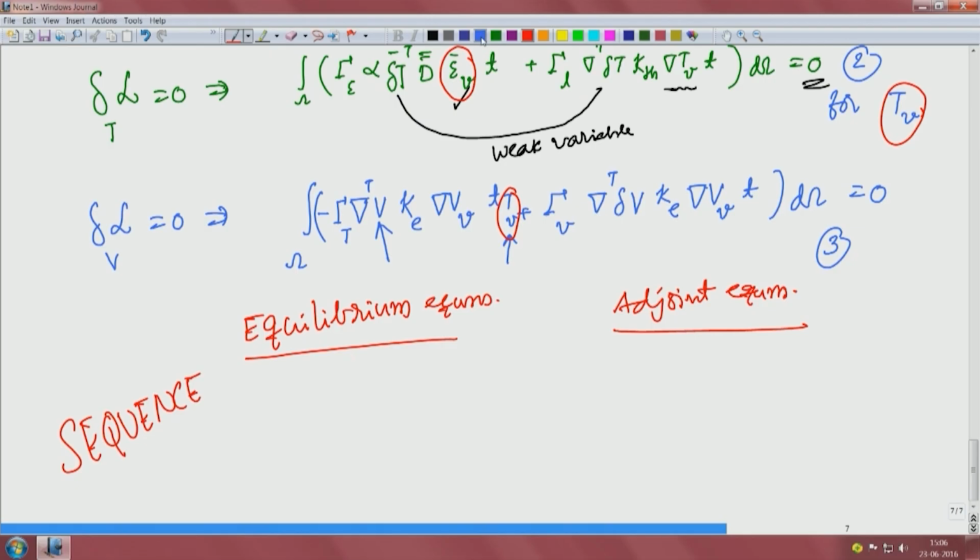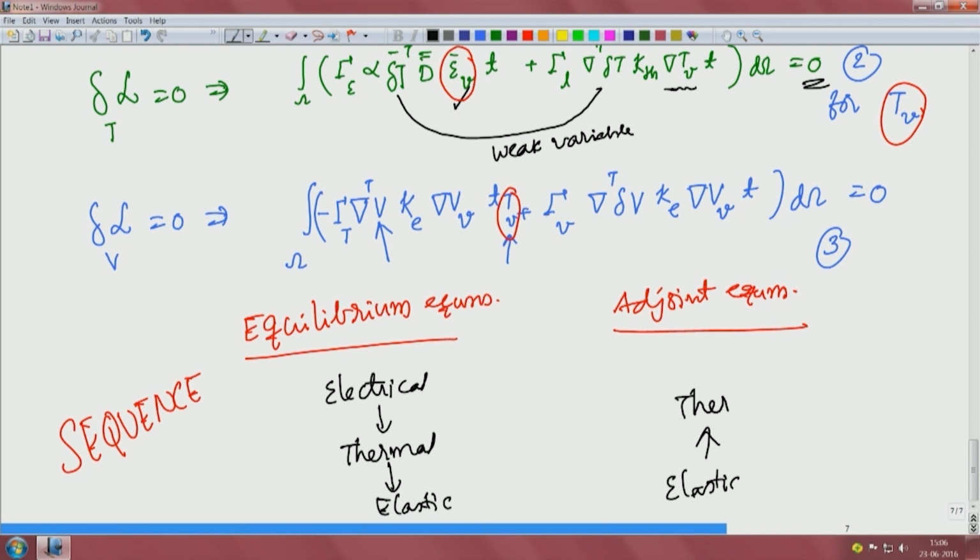Here we have to do first electrical, then thermal, then elastic, okay. Whereas here first you have to do elastic, the adjoint one, then thermal, then electrical, okay.